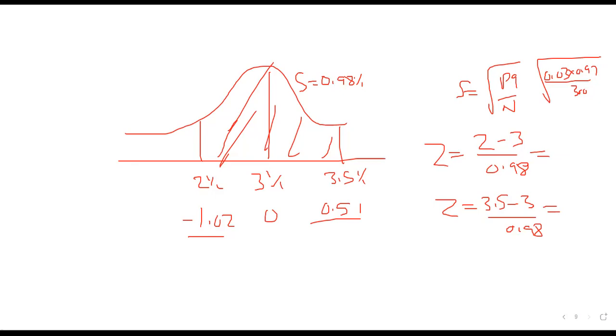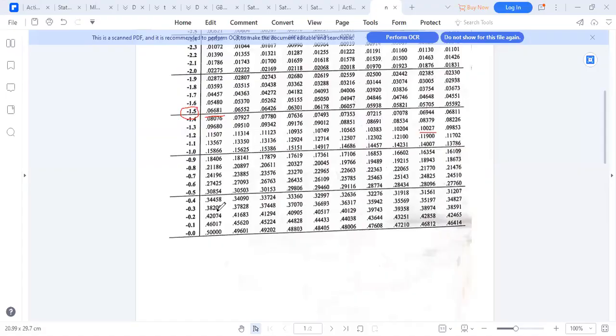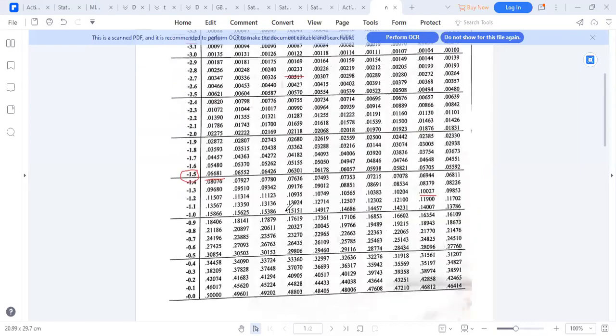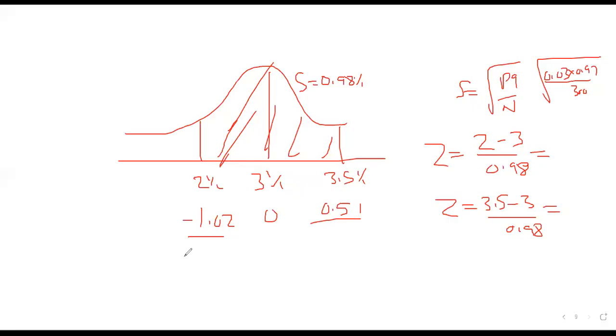Negative 1.0 and under 2, so this is 0.15386.